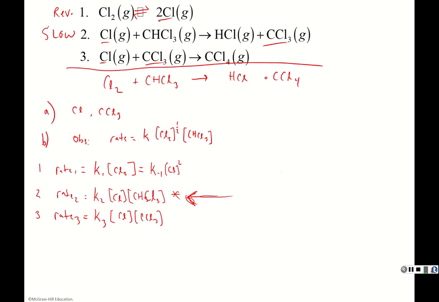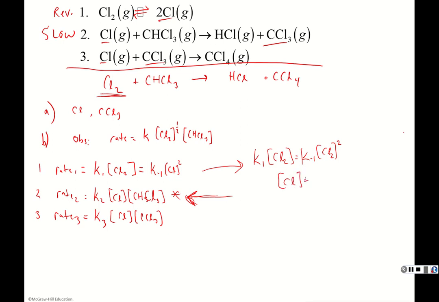It relates the concentration of Cl to the concentration of Cl2, which is a reactant in our overall equation. So if we solve this for Cl, then we can plug that concentration into the rate law for our rate limiting step. Cl2 squared.